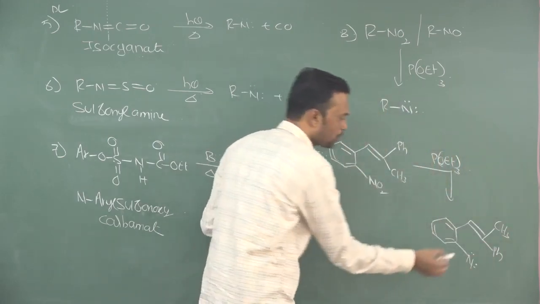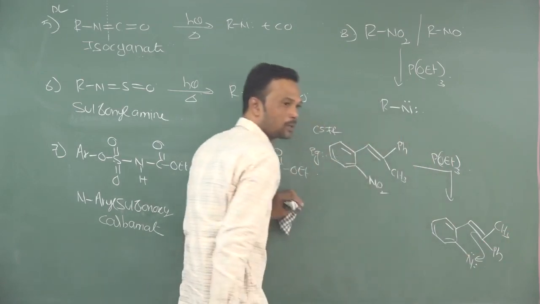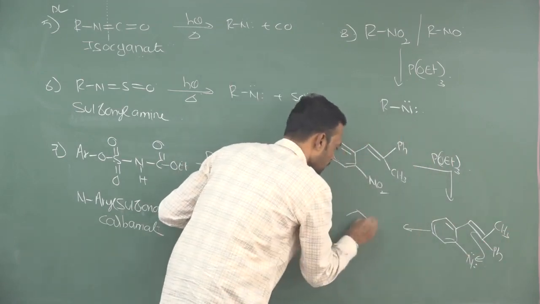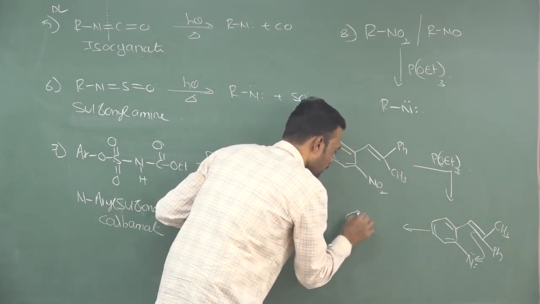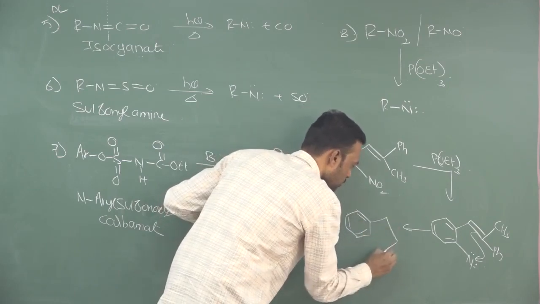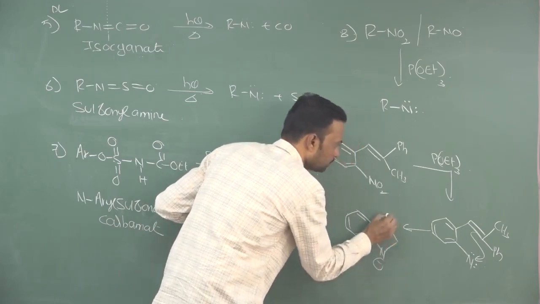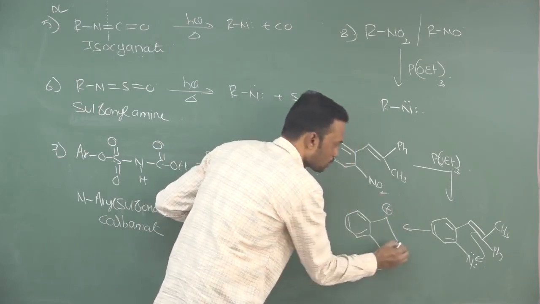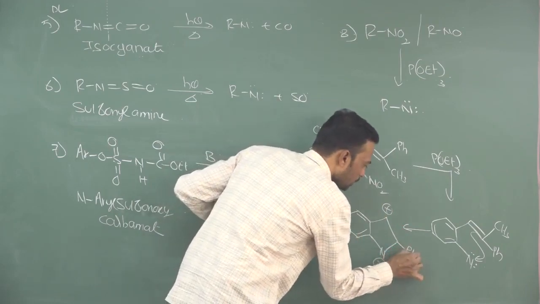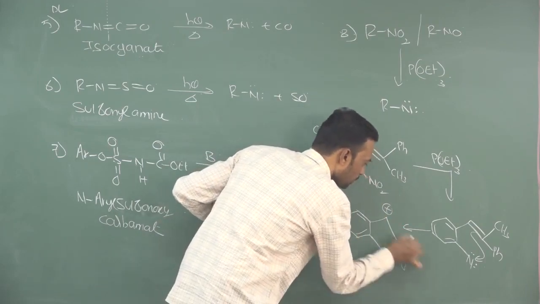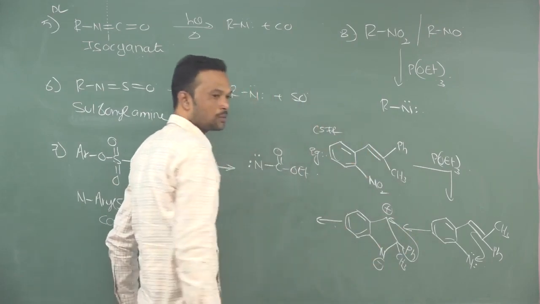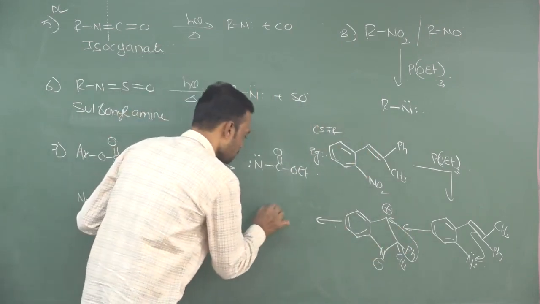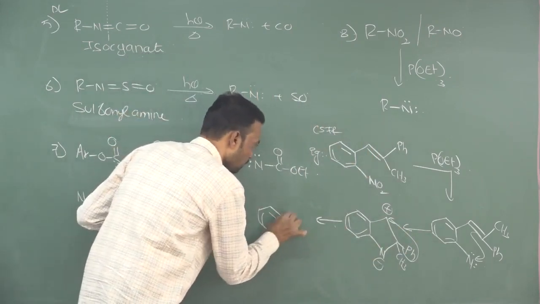Nitrene having empty orbital, this will attack on this empty orbital. Now nitrogen becomes an anion. So after converting into anion, now what is the charge you will expect on this one? Positive charge or not? This is positive charge. Now what about here? Here Ph and methyl both are present. Now phenyl migrates from here to here. Now that becomes unstable. So after instability, what happens?